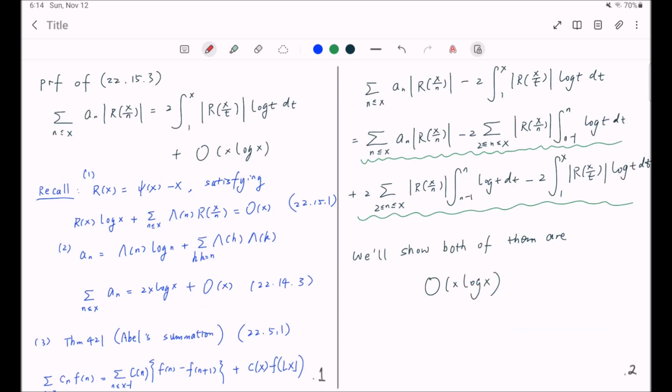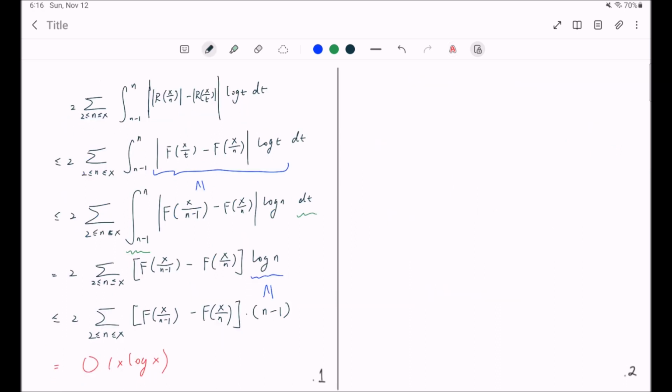So we have proved that both this and this are of order big O of x times log of x. But the two together is precisely this difference. And this finishes the proof of 22.15.3.